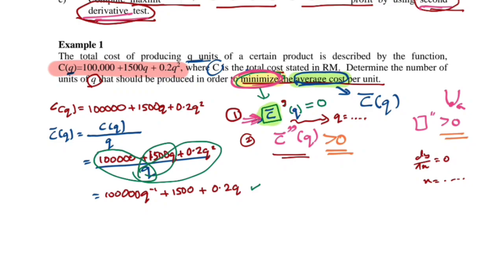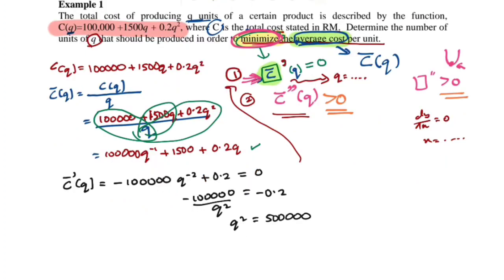After you have obtained your average cost function, look at the first step. It is to minimize the average cost. So now what you have to do next is to differentiate this average cost function. After you have differentiated that average cost function, equate it to 0. Now your Q squared is equal to 500,000. So what is the value of Q?